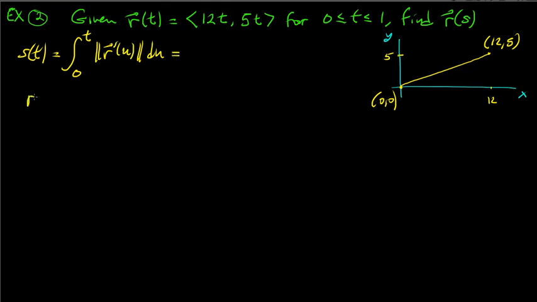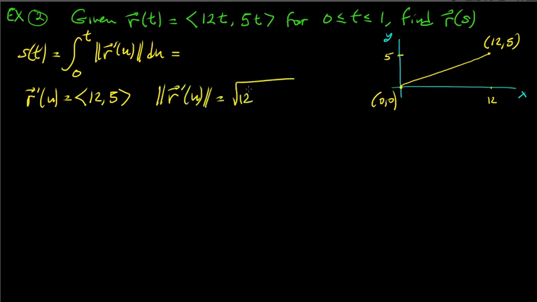So what is r prime of u? Well, it's just 12, 5. So it's a constant vector. After all, r prime of u is just the velocity. So you're just moving with constant velocity, and therefore constant speed. What is the speed? Well, square root of 12 squared plus 5 squared.